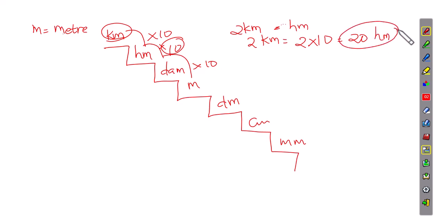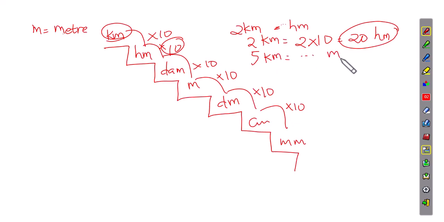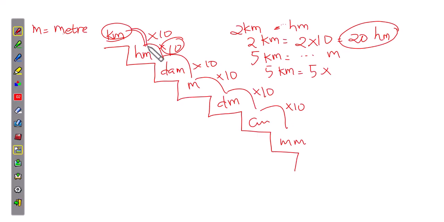How about if we change kilometer to meter? Let's say this is 5 kilometer and they want us to find it in meter units. So 5 kilometer equals 5 times 1 stair times 10, 2 stairs times 10 again, and 3 stairs until meter.